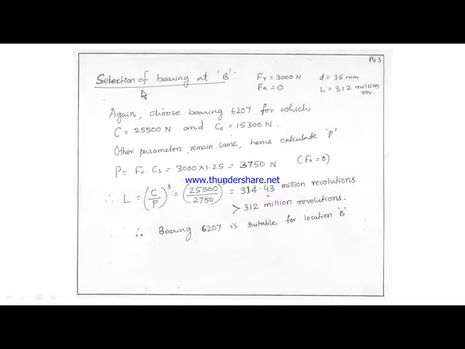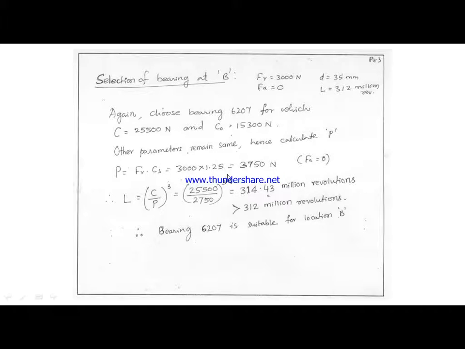Now let us select the bearing at location B. Here the loads are only radial load and no axial load. Again the bore diameter of the bearing and life of the bearing remain the same. Again we will choose the same bearing 6207, for which these are the ratings, and calculate the equivalent load. It is only FR into CS.